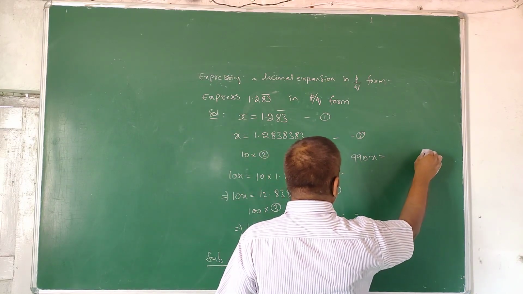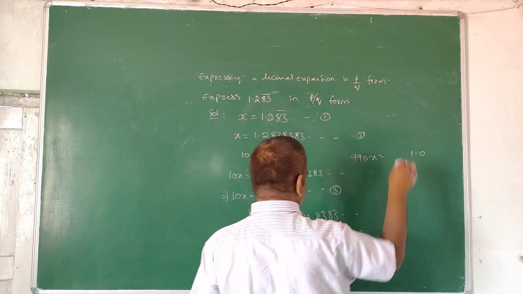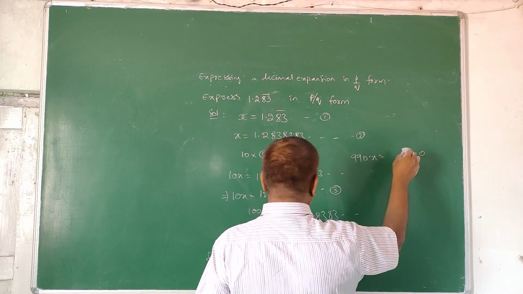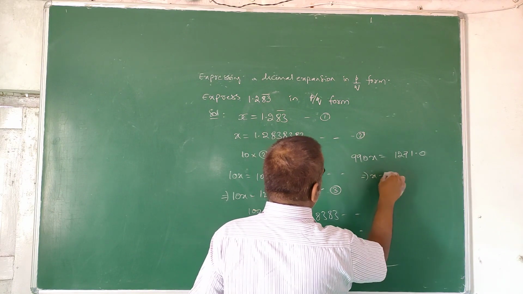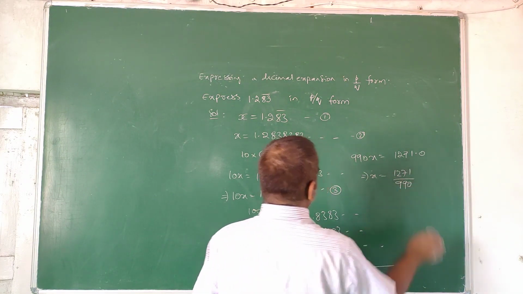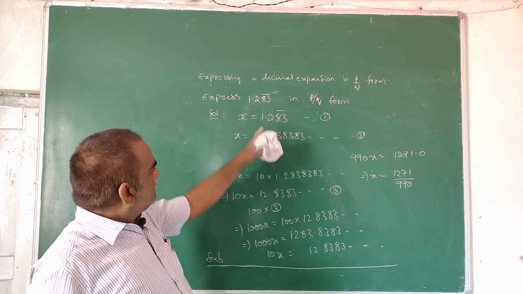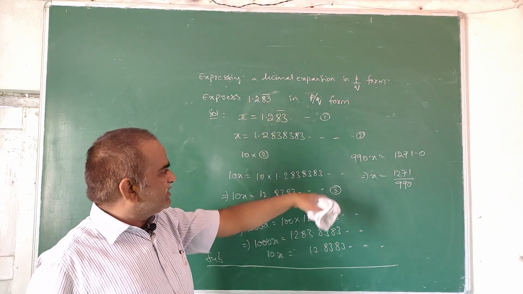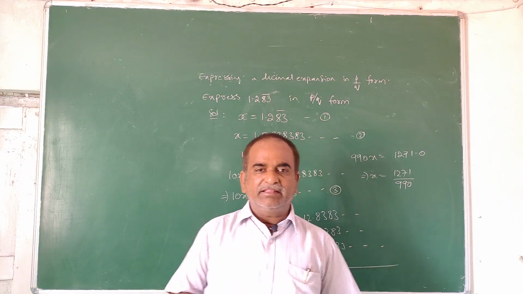So 0 that side. 3 minus 2, 1. 8 minus 1, 7, and 12. So this implies x is equal to 1271 by 990. So 1.283 bar in its P by Q form is 1271 by 990. I think you understood.